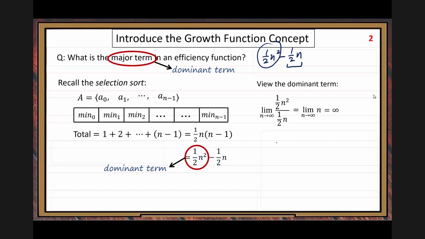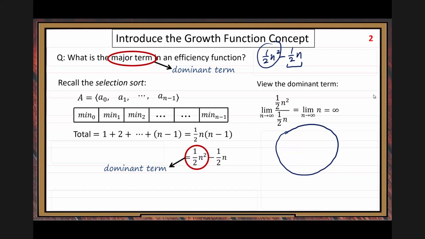So let's consider, suppose this circle represents the total amount of execution time, this whole circle area. Then, which part is used for the dominant term?